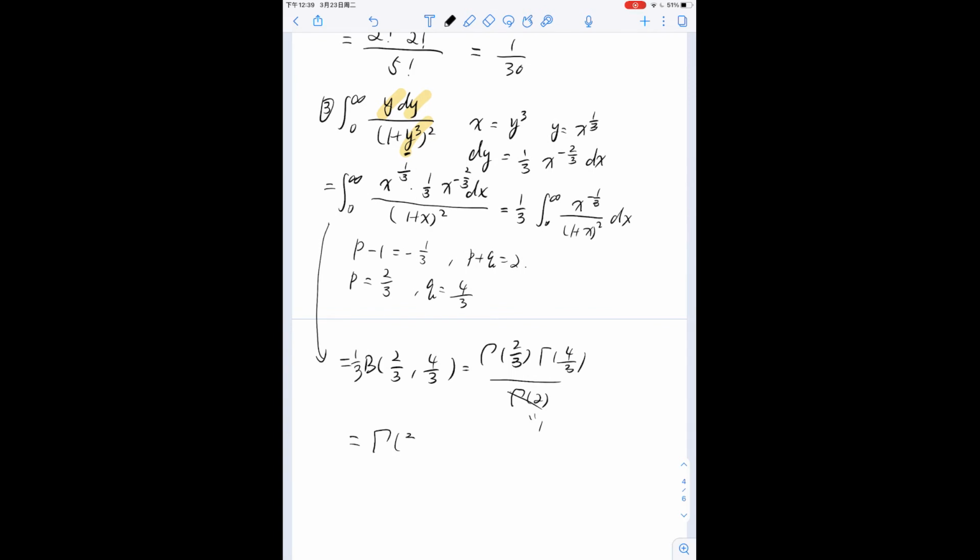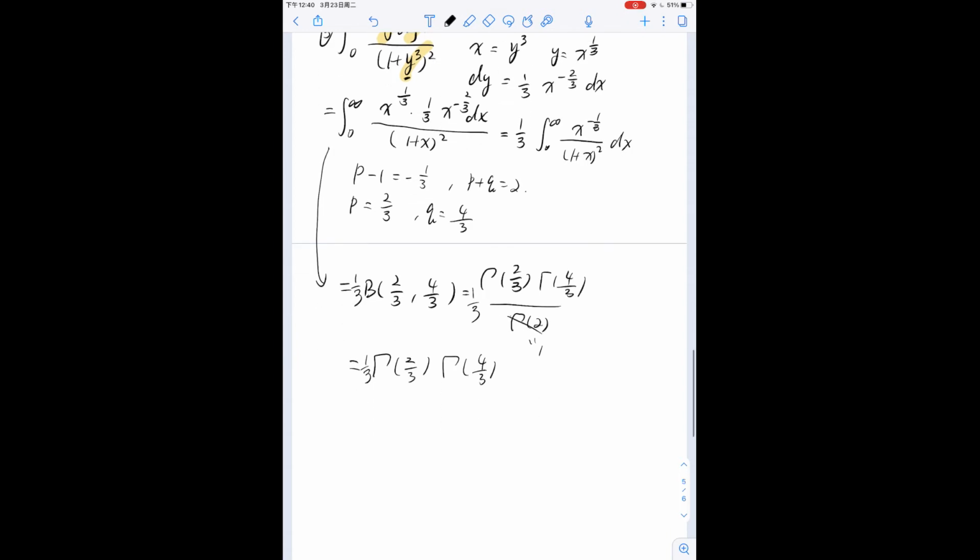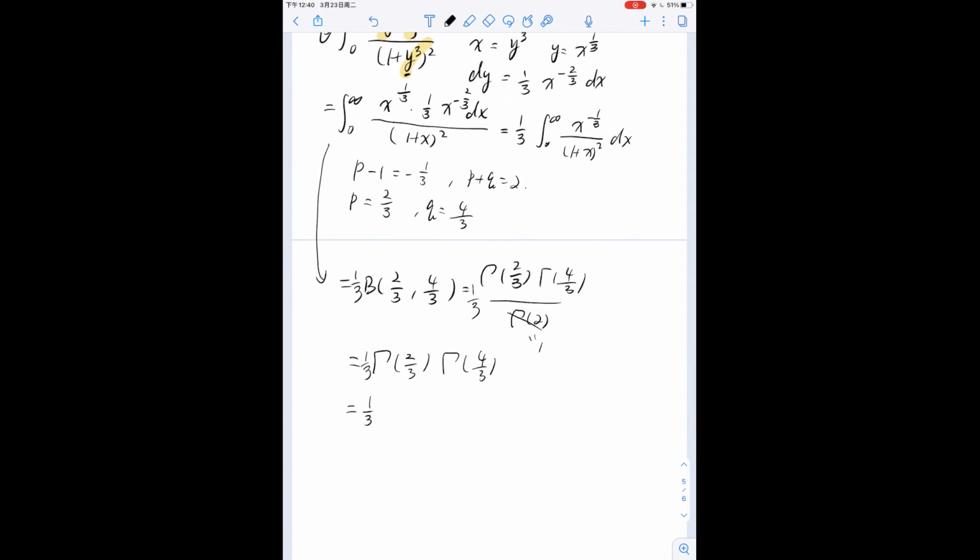There's 1/3 here, so 1/3 times gamma 2/3 times gamma 4/3, and gamma 4/3 equals 1/3 times gamma 1/3, so it's 1/9 times gamma 2/3 times gamma 1/3.